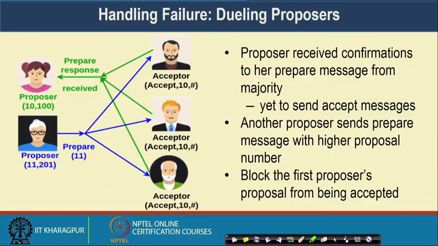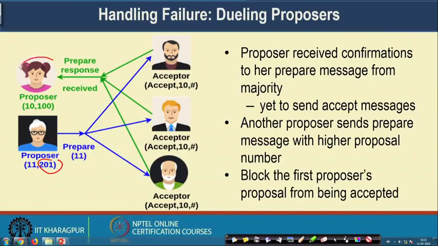Now, there can be an interesting attack here which we call the dueling proposal. Say there are two proposals here. Proposer 1 has sent a certain proposal to all the acceptors, and then proposer 2 sends another proposal with a higher proposal number.